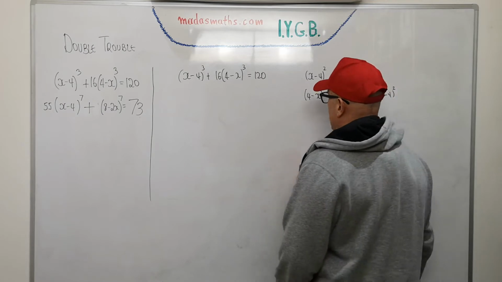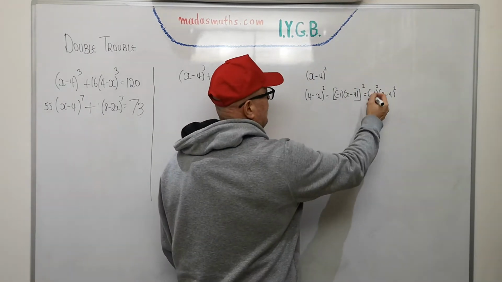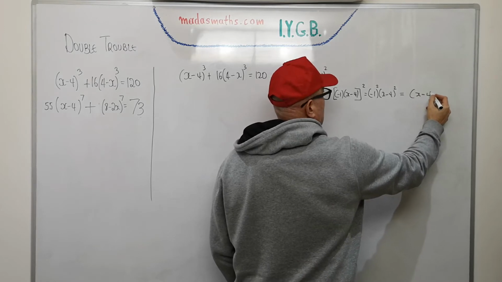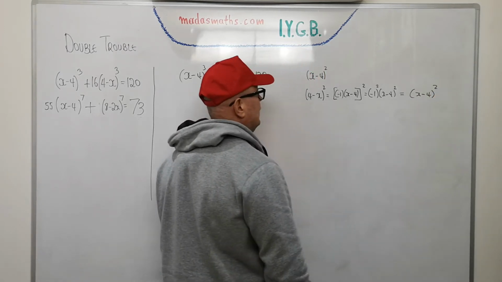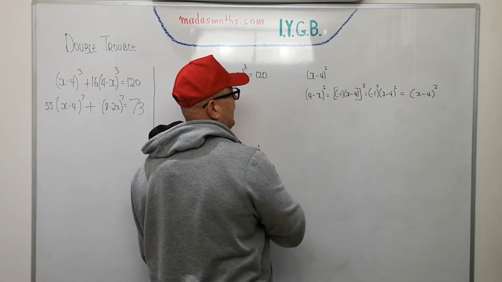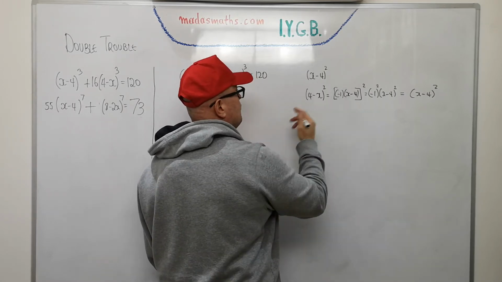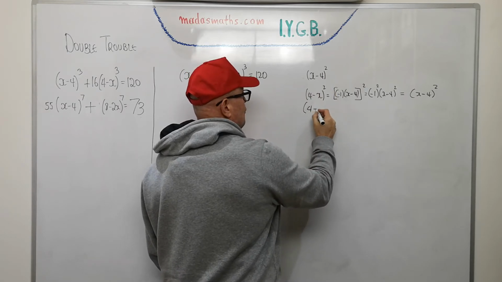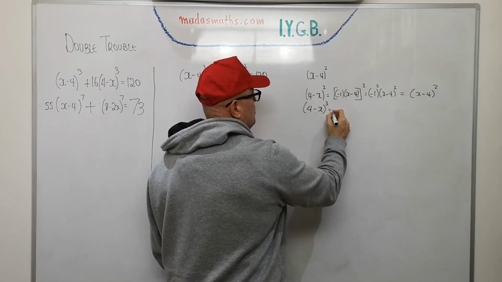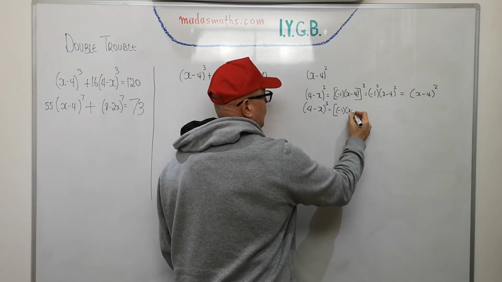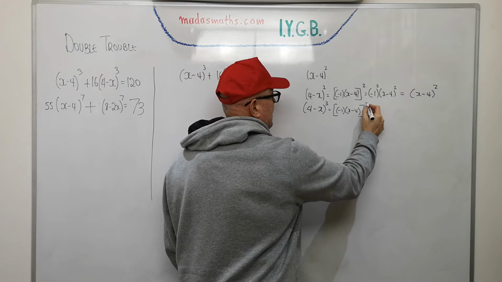The minus 1 all squared will go to a plus, and this will become x minus 4 all squared. So this is what happens with this bracket if it's squared. Of course, we could have checked it very easily by just squaring it. But let's look at the cubing now. 4 minus x all cubed, I'm going to do exactly the same thing, minus 1, and write it backwards. But now it's going to be cubed.